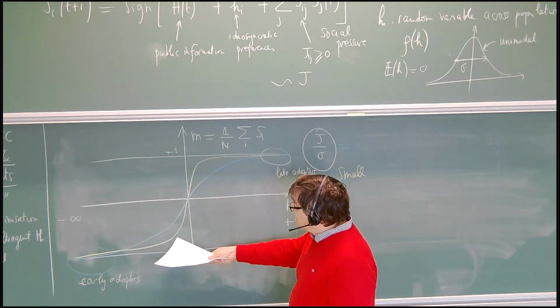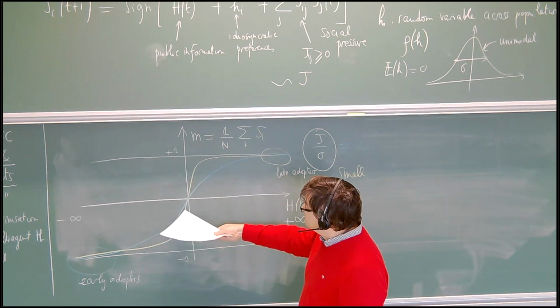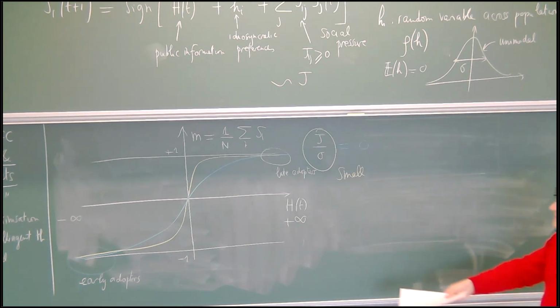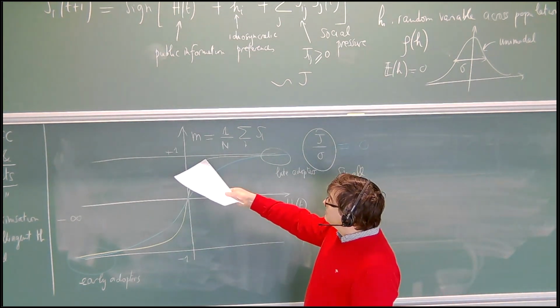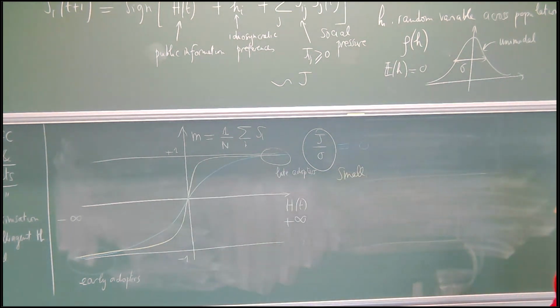But then as people get more and more convinced, you see that there's a steepening of the curve, which means that the speed of adoption is increased compared to the case J equals 0. And then you flip from one state, -1, to the other state, +1, at a more rapid rate, okay?